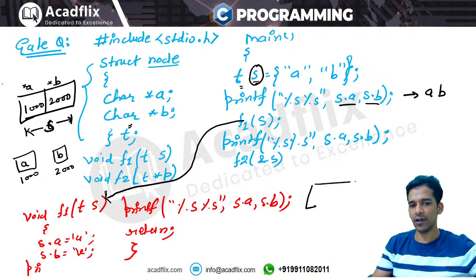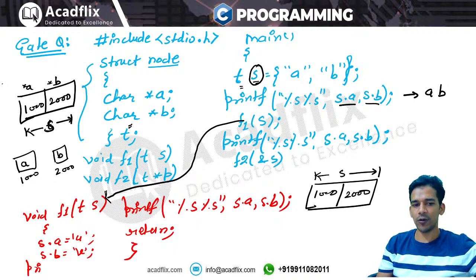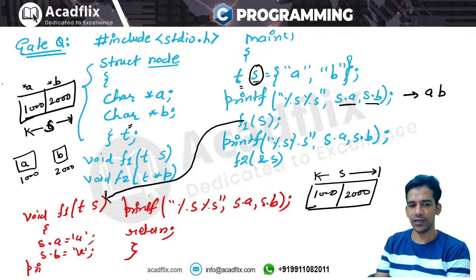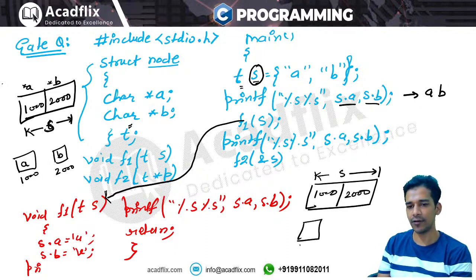Inside this function there will be a local variable, that is a structure type variable, in which we will copy these two addresses, that is 1000 and 2000. Then we are saying s.a equals u and s.b equals v. So this means that internally these will be copied. So the first function call will not change these two values, it will change the copies. That means we have the copy of a and we have the copy of b.